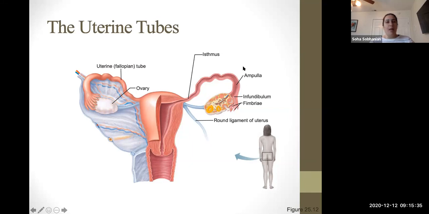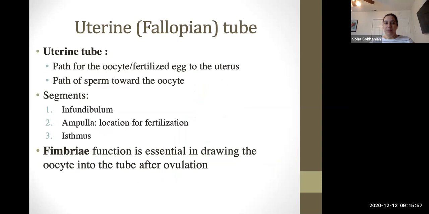As I mentioned, ampulla is important because it's the location where the sperm can reach and fertilize an egg. And then at the end, close to the uterus, the transition from the fallopian tube into the uterus is called isthmus. So there are 3 parts, so make sure you guys are also familiar with those.